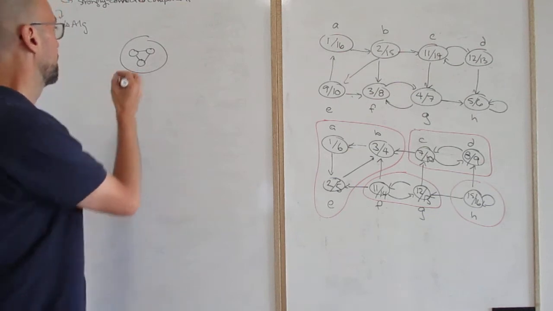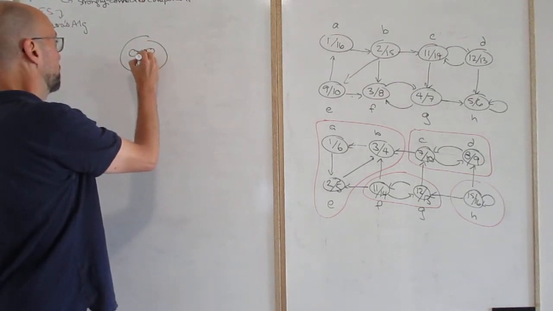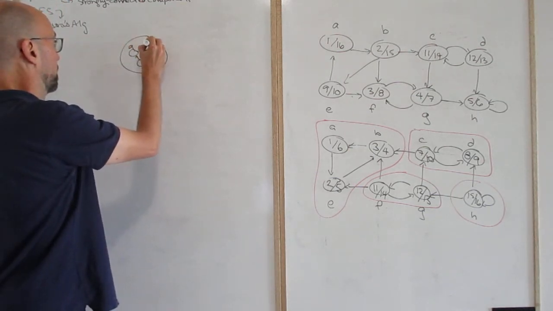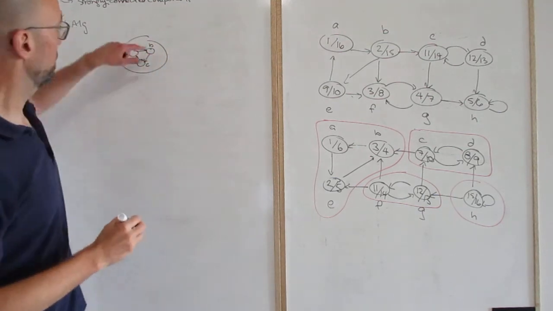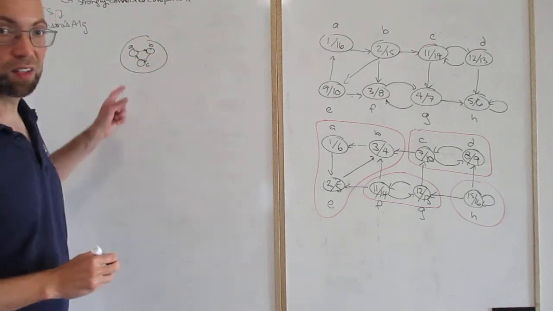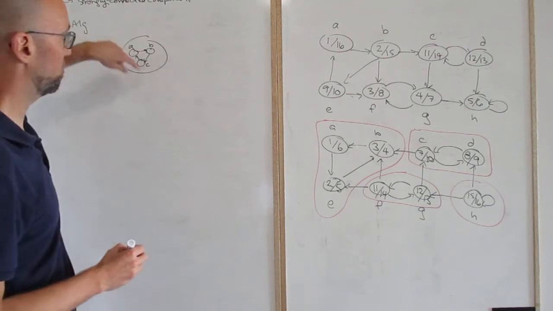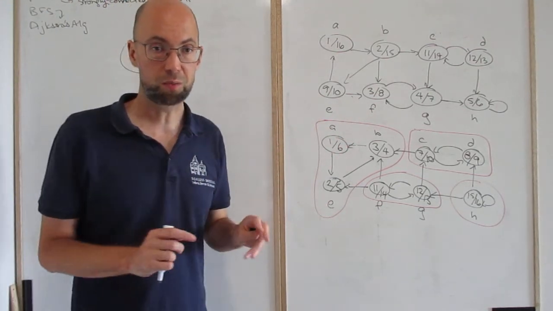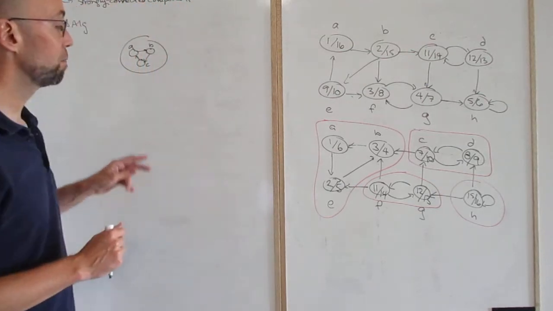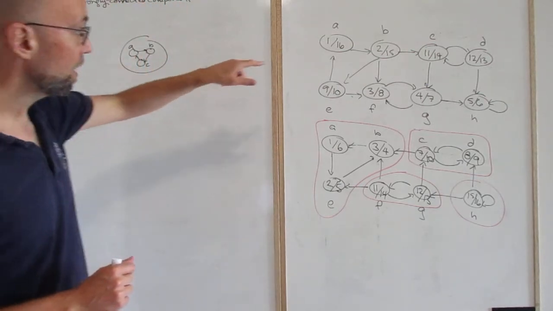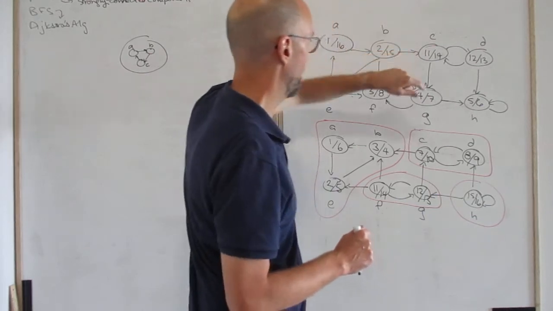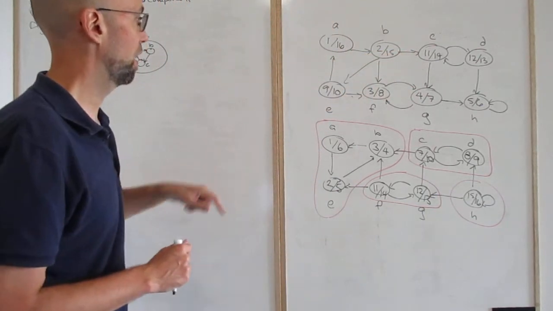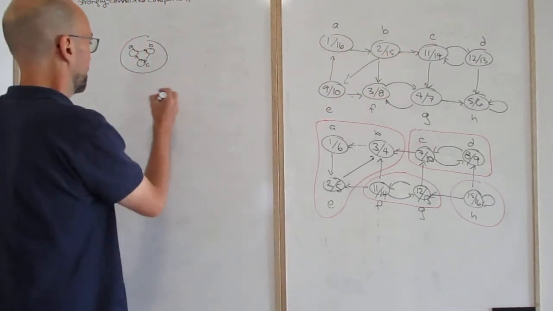So A goes to B, B goes to C, C goes to A. But we don't care what's in there. This is just going to be an argument about how this works. Okay, now in the original graph, and you have C and D.